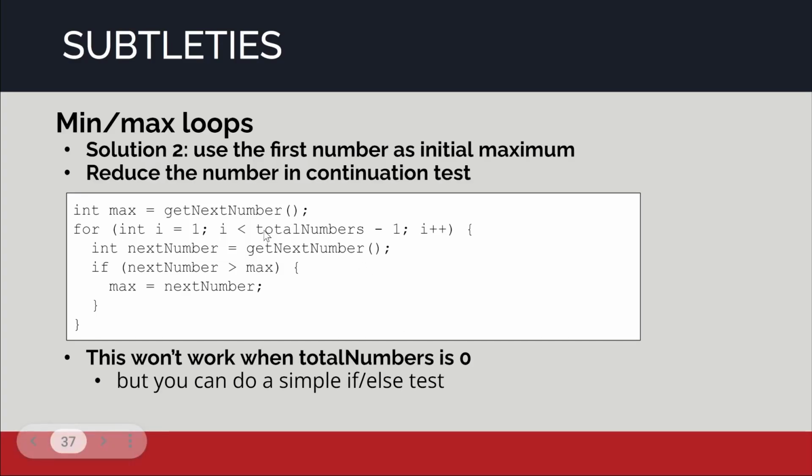The reason why is that, just like we did on a previous solution, we try to call getNextNumber before we check to see whether there are any numbers at all. The way to fix this is to do the same thing we did in that previous solution, to check whether total numbers is greater than 0 before we set this initial value. And if it's not, then we give an error message.